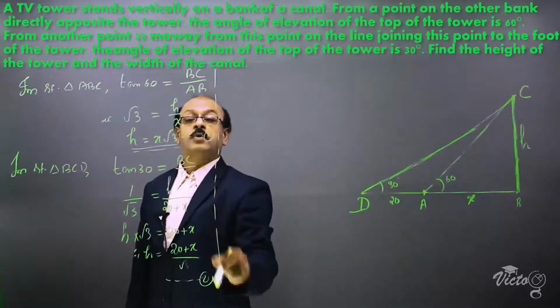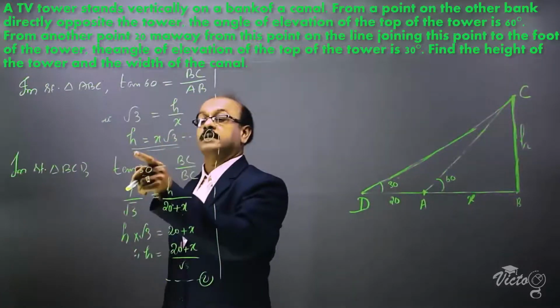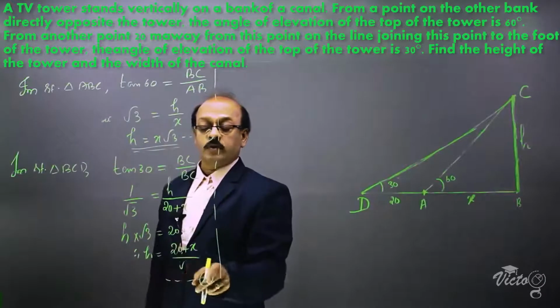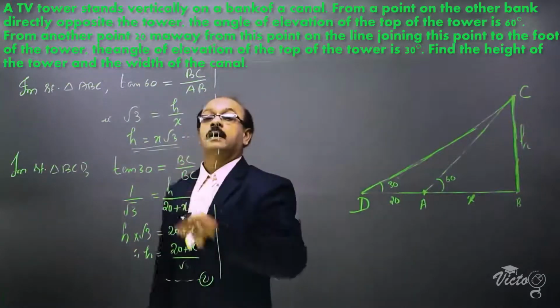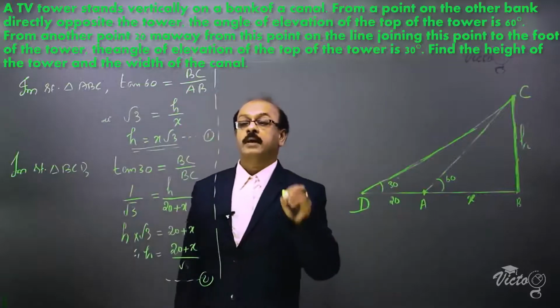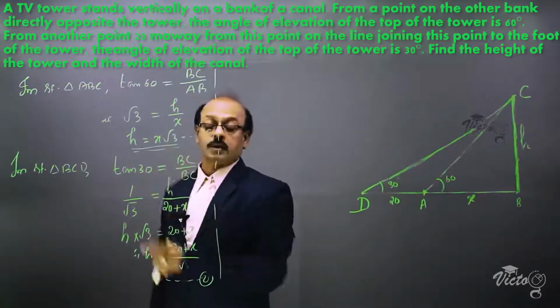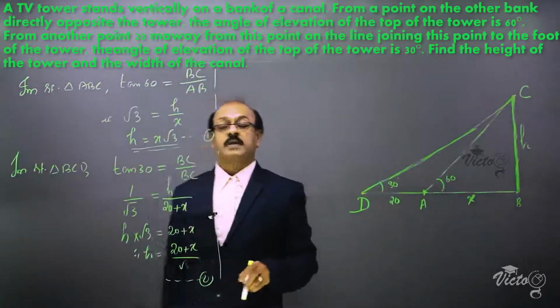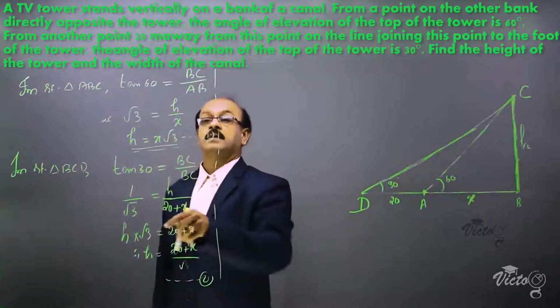Now, see equations 1 and 2. The left side of equation 1 is h and the left side of equation 2 is also h. So we can compare the right sides, equating the right sides. Here it is x root 3 and here it is 20 plus x by root 3. That should be equal because the left-hand sides are equal.